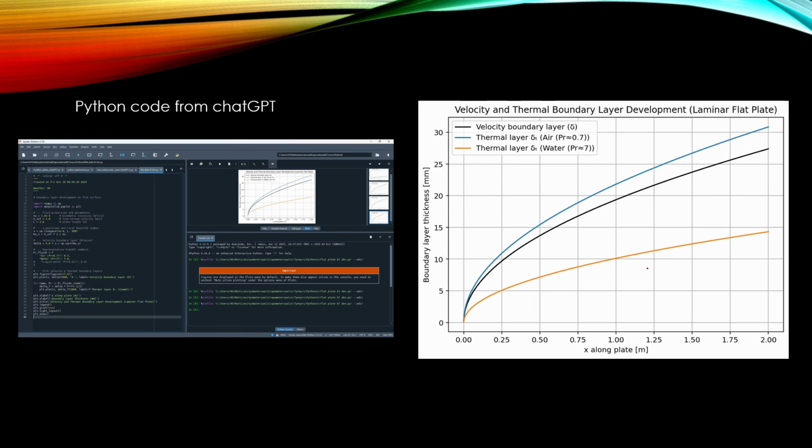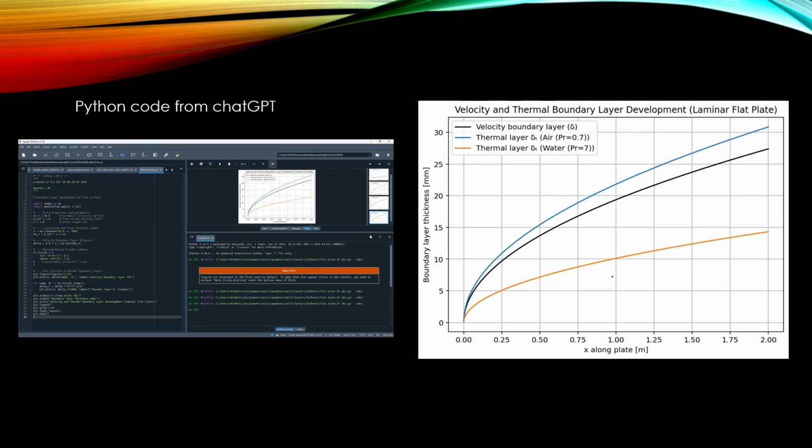The thickness of the thermal boundary layer, if we have air, is seen on this blue curve, and at that location it is around 30 millimeters.